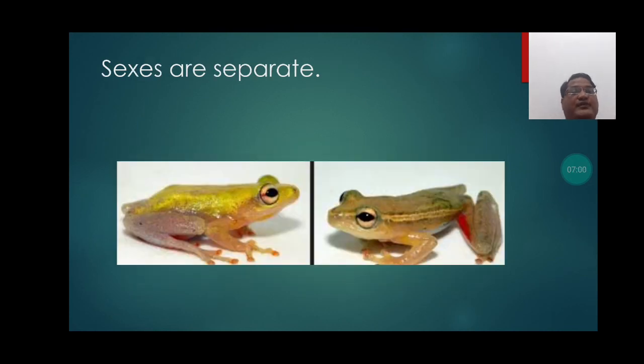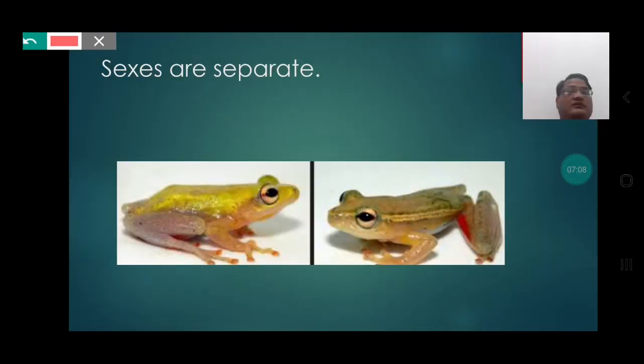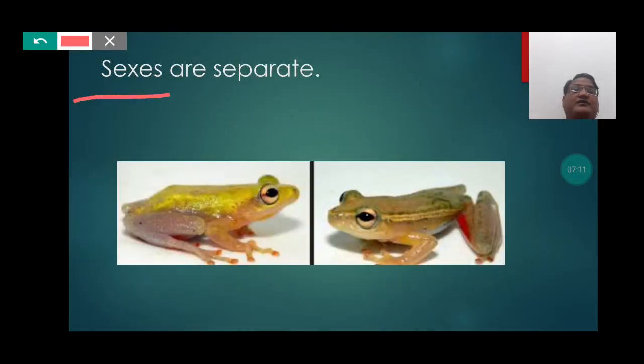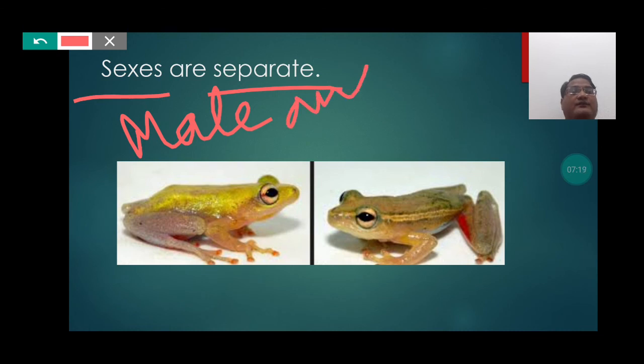Sexes are separate. Students, sexes, that is the gender, is quite separate in the amphibians, that is the male and female.